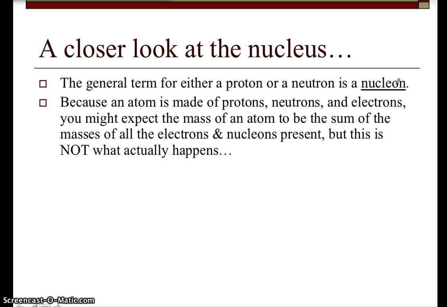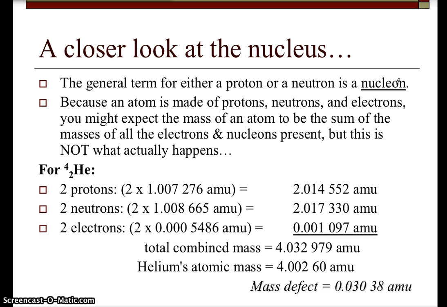Now, because an atom is made of protons, neutrons, and electrons, you would expect that the mass of an atom would be the sum of the masses of all the things present. But if we add up the exact masses, that's actually not what happens. For example, a helium atom has 2 protons, 2 neutrons, and 2 electrons.